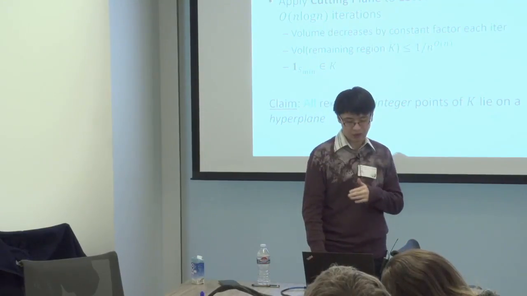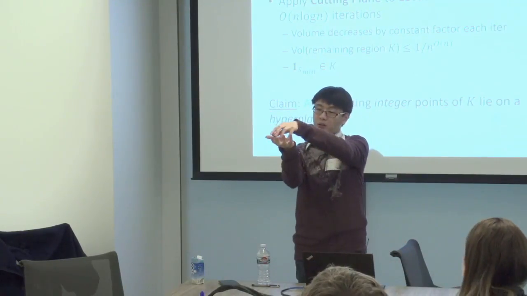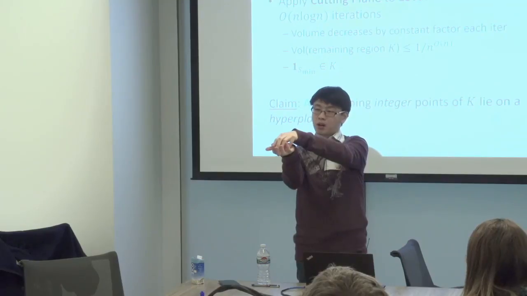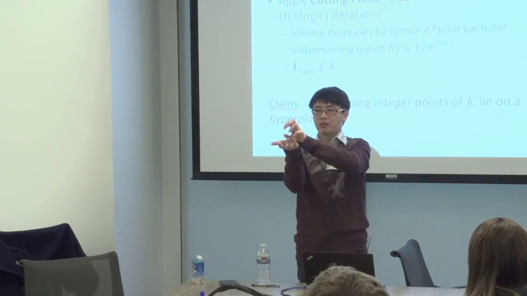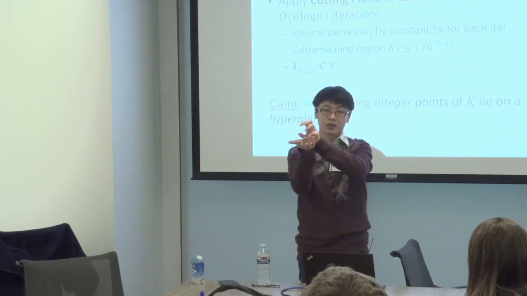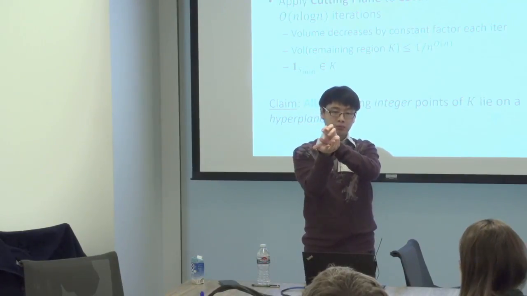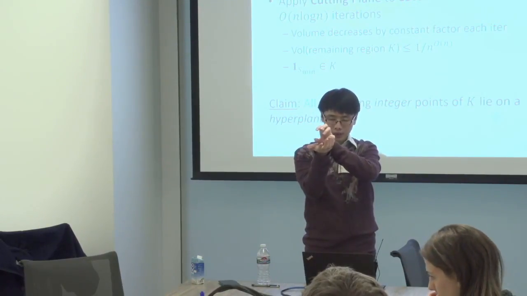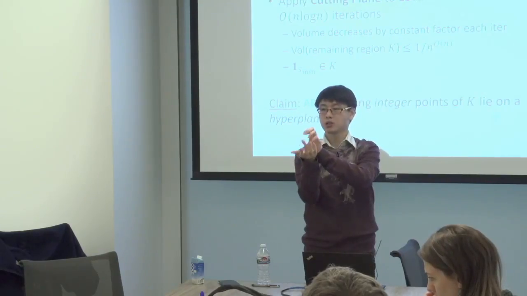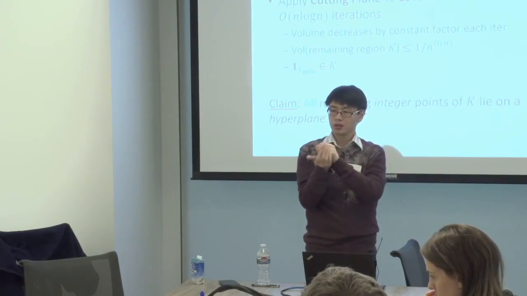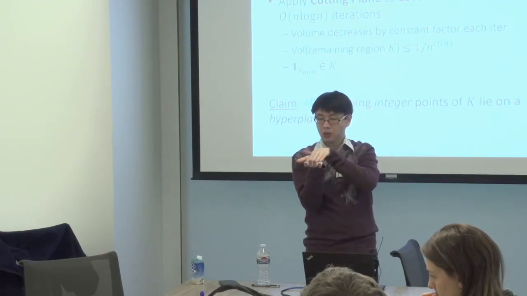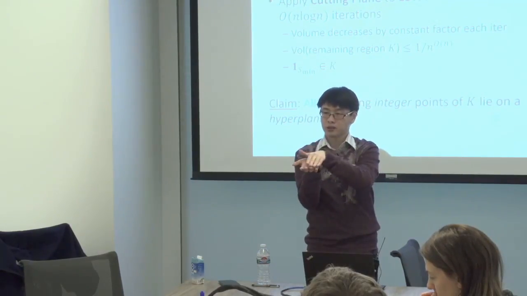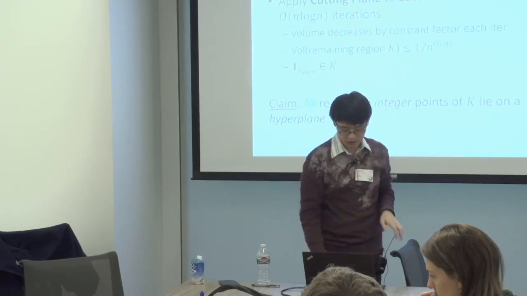And so the key observation is that when you have a convex set of size this small, you cannot have a non-degenerate set consisting purely of integer vertices. So if that's the case, you can just recurse the same thing on the degenerate part of it.